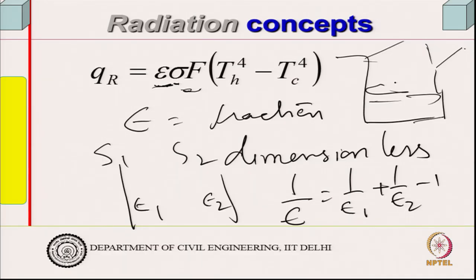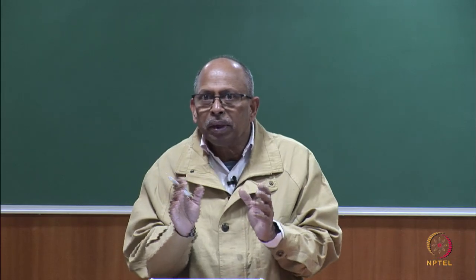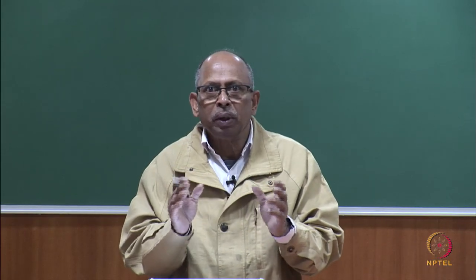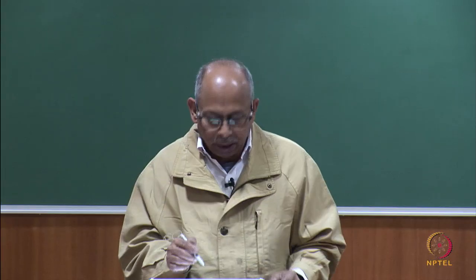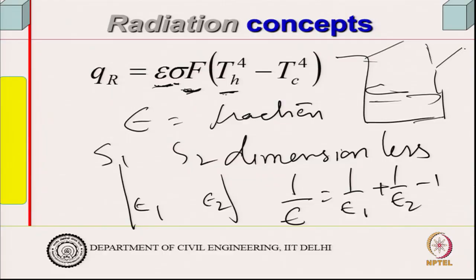So, the F value will be less, the F value will be different. The F value is what we call the configuration factor, the portion of what one surface sees, or the projection of one surface onto the other, and this is the temperature of the hot body in Kelvin, and this is the temperature of the cold body in Kelvin. So, that is the radiation heat exchange, right.